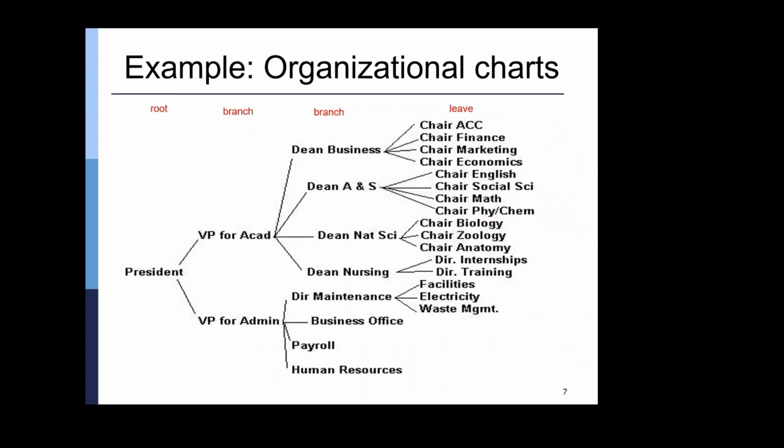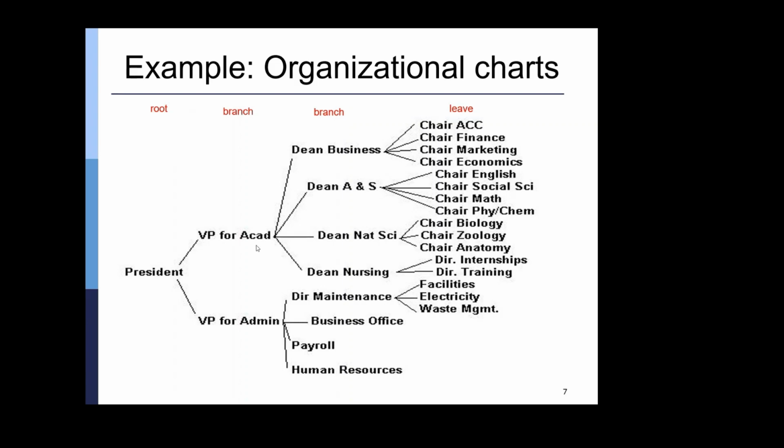Let's look at one example of a rooted tree and levels. Let's use a more familiar tree, an organization. We may have the CEO or the president, and then reporting to the president, we have two vice presidents: one for academic, the other for administration.